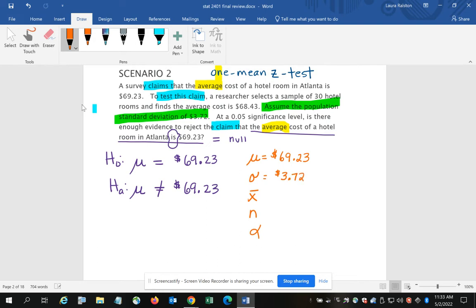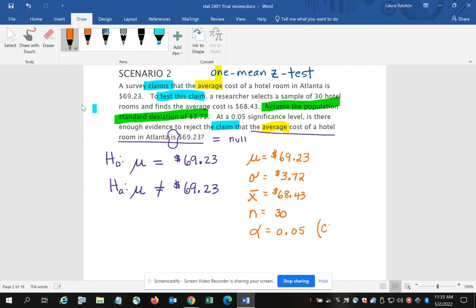If I back up to the second sentence, it says to test the claim, a researcher selects a sample of 30 hotel rooms. So my sample size is 30 and finds the average cost for those 30 is $68.43. And then in the last sentence, it tells me at a 0.05 significance level.